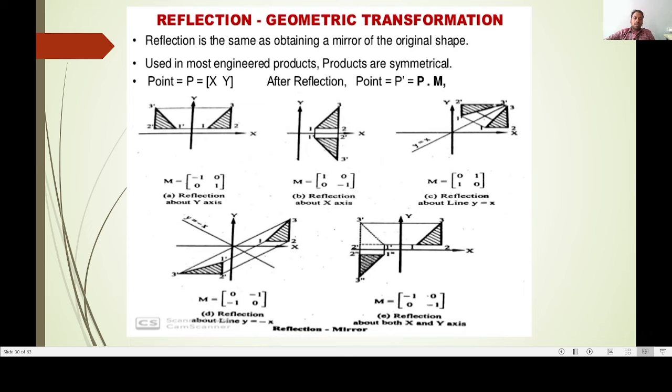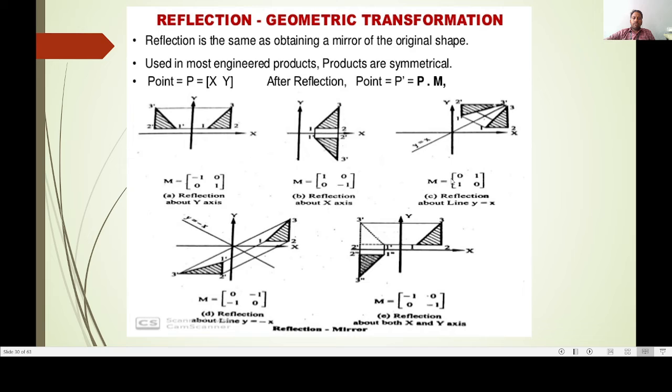So the reflection matrix will be minus 1, 0, 0 and 1. Where the reflection occurs, we have to put minus 1 for that component. Here, the object is reflected about the x-axis, so it is coming down, so we put minus 1 for the other component: 1, 0, 0 and minus 1.